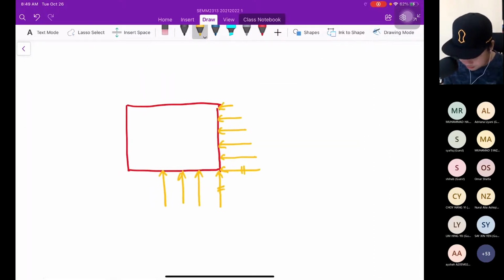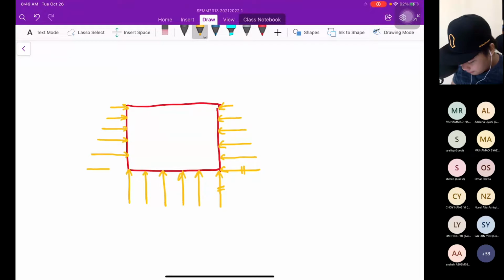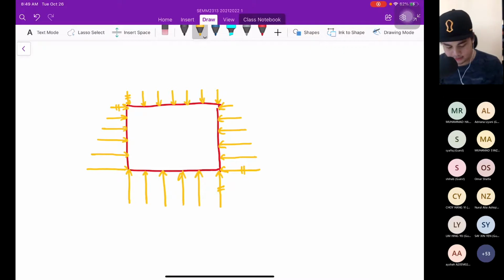And then one more and one more. What do you think of the pressure on the left side? Should be identical, right? What do you think of the pressure at the top side? Should be identical to this one. This is basically the pressure profile for this case.